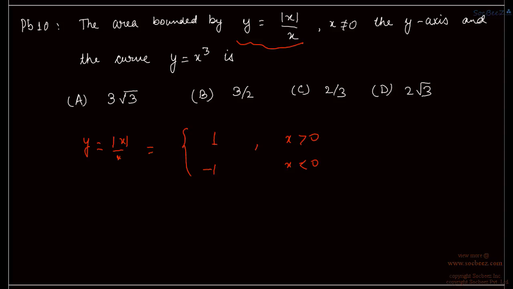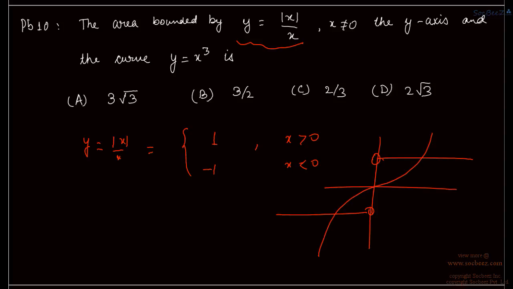So we have the signum function like this, and the curve y is equal to x cube, which is like this. We have this area bounded by the curves, right?